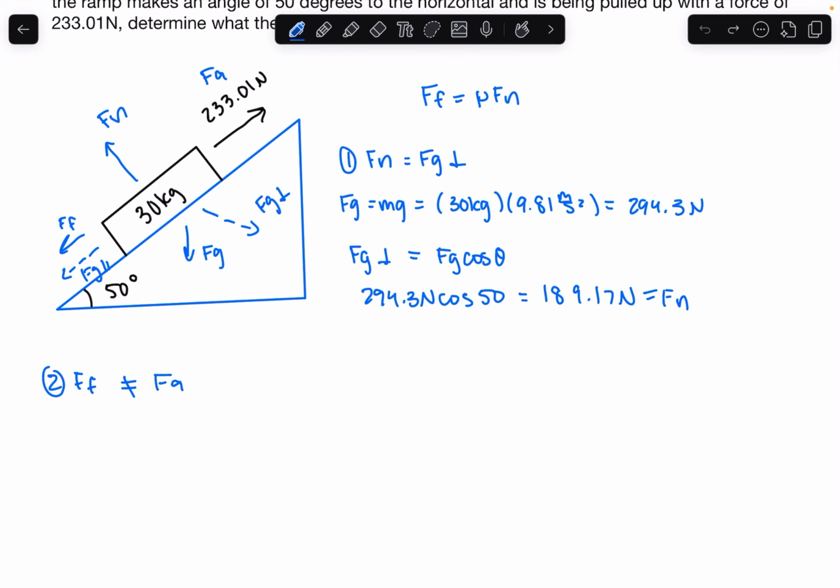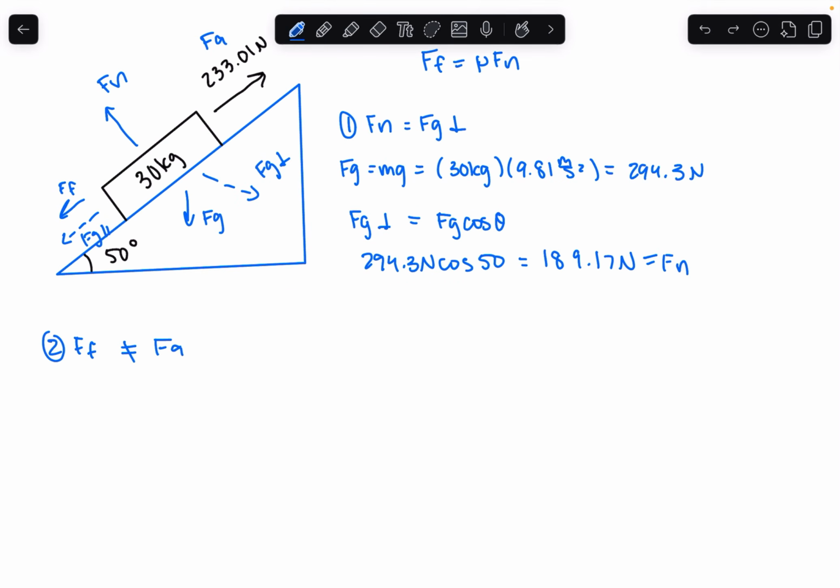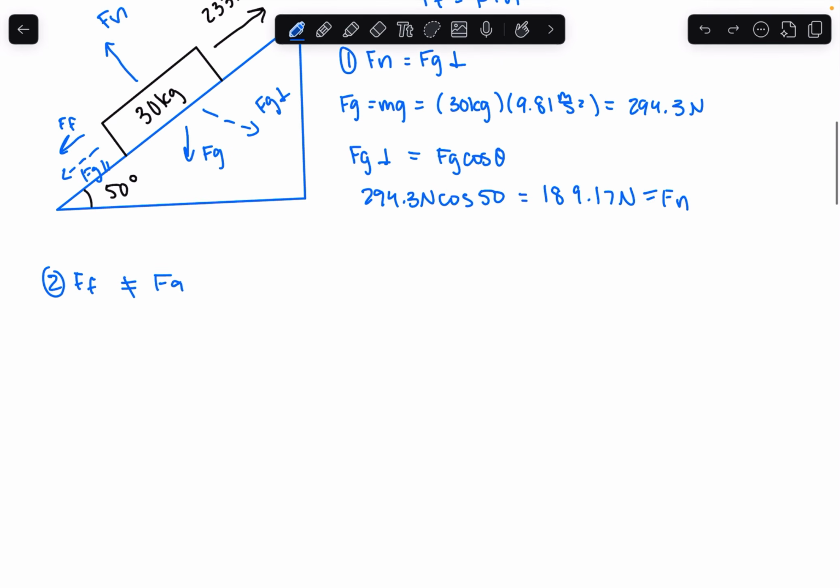Okay. So, in order to find FF, we need to find FG parallel first, because basically it's saying that FA, or the pull force, equals FF plus FG parallel. FG parallel is FG sine theta.